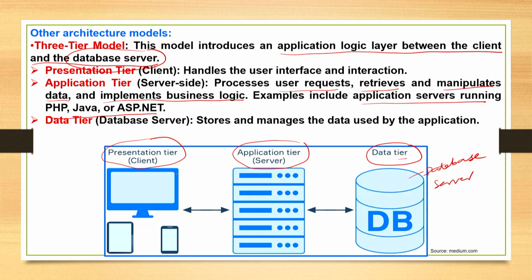So, from the presentation tier, that is the client, a request is sent to the server. The corresponding data from the database will be taken from the database server to the application server, and then the response is provided to the client, or you can say the presentation tier. So, in this way the 3-tier model works.